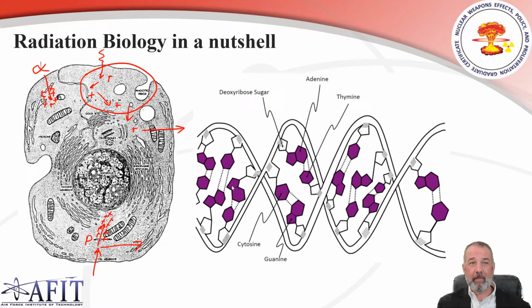If you get a double strand break, then you can get some weird three-dimensional recombinations, making whatever it produced completely non-viable. So that's kind of how this radiation is interacting with biology to induce damage, both in the short term, and then if we're talking about DNA damage, in a bit more of a long-term scenario.